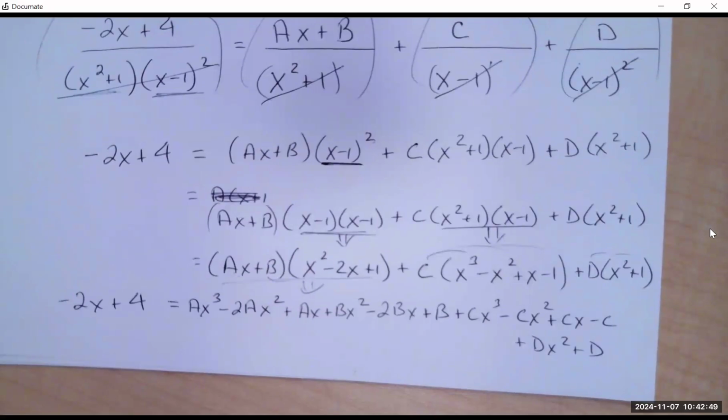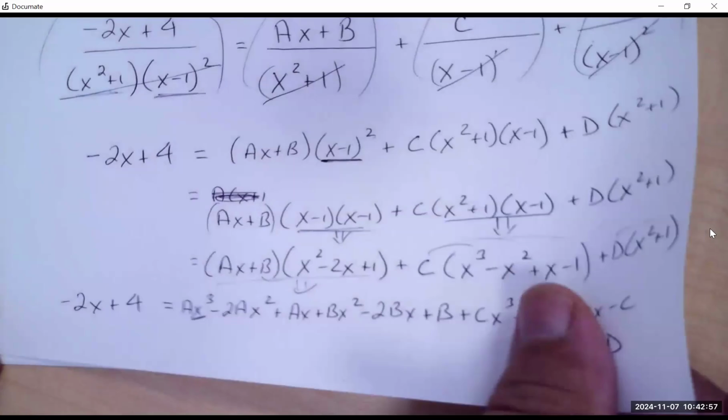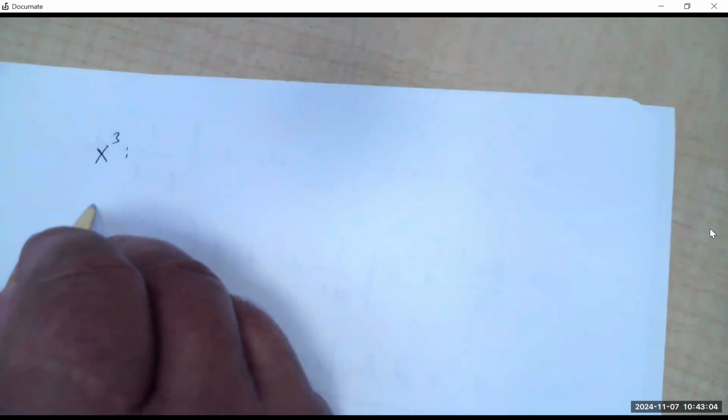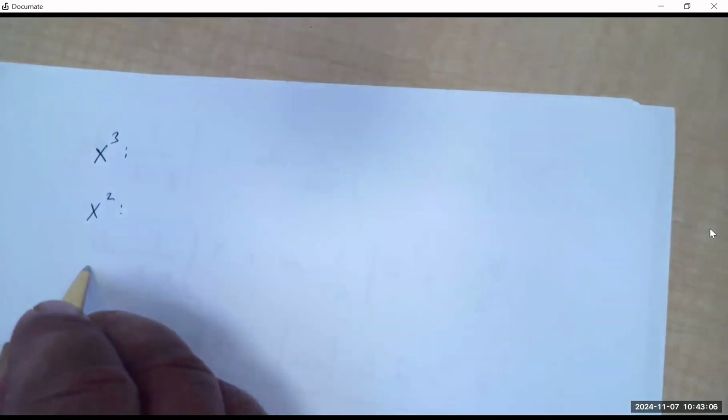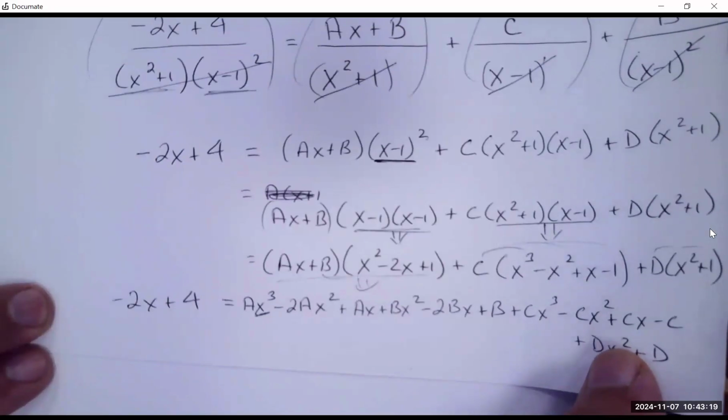So our next step is now we have to group them. Since we have x cubes, let's look at all the x cubes here, all the x squares here, all the x's, and all the constants. On the left-hand side, do we have any x cubes?